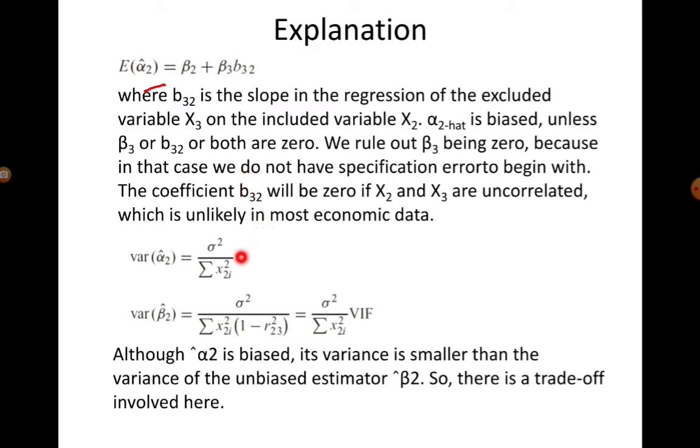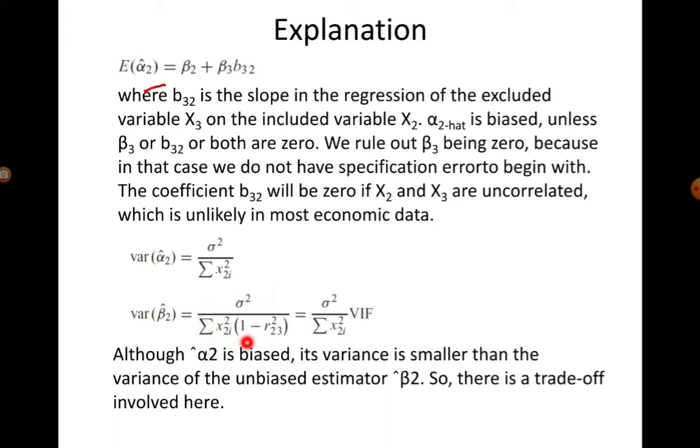Now, the variance of alpha 2, the coefficient of x2 in the misspecified model, can be given as sigma square divided by summation x2i whole square. On the other hand, the variance of beta 2 hat, which is the coefficient of x2 in our true model, will be given by this formula.